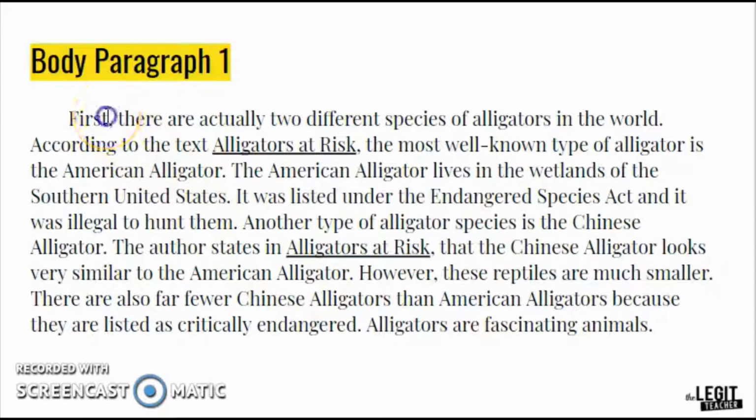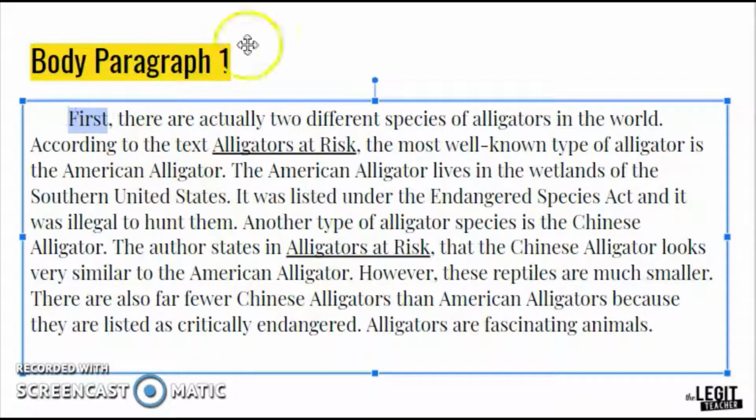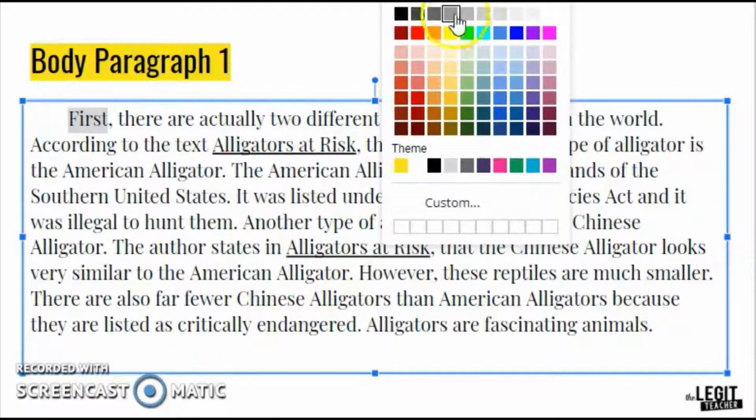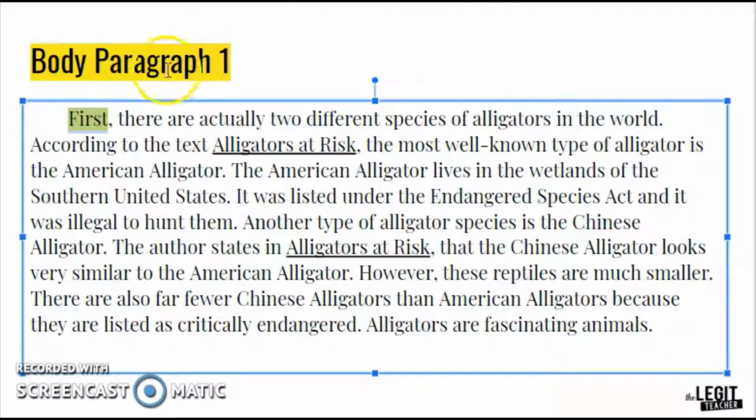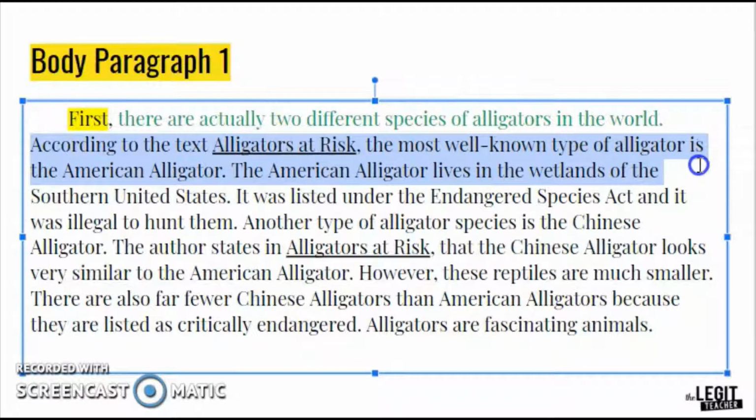So a great way for me to do this is to color code this body paragraph. So let's start by highlighting the transition word. Check. And I want to color code my topic sentence so that it's green. Check. Next, I need to color code 3 sentences about A. So according to the text, Alligators at Risk, the most well-known type of alligator is the American alligator.